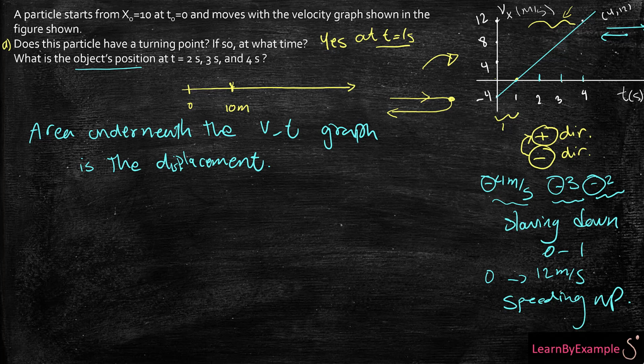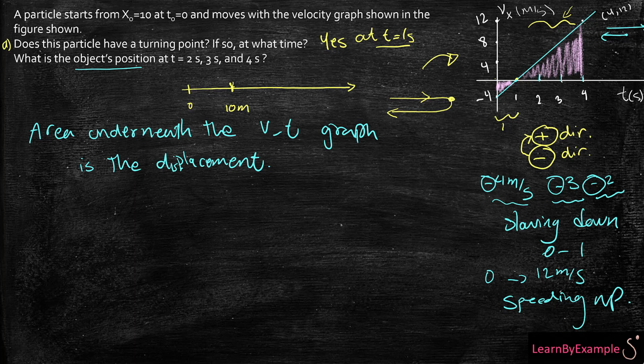Right? Therefore, what I need to find out is what area is covered underneath here. So if I find out what this area is, then I know how much I've actually traveled.